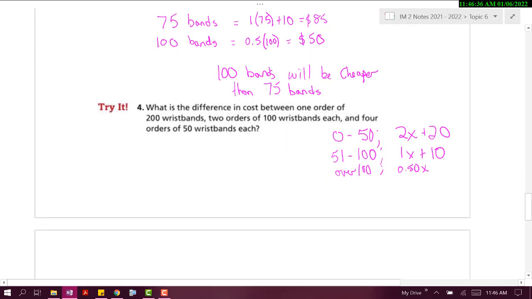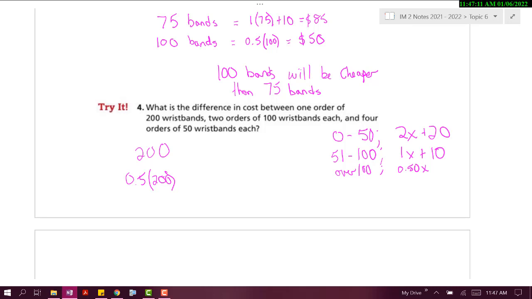So if we order 200 wristbands, that is going to be, well, $100. It falls into this last category. So 0.5 or 50 cents times 200 bands is 100. And there's no shipping, nothing to add on.